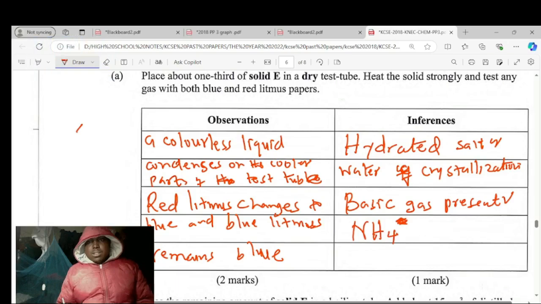No, white is not the thing. You write ammonium ion, positive, present.